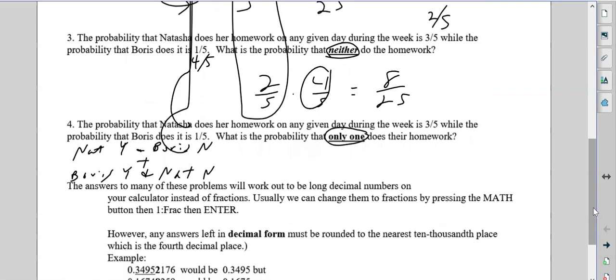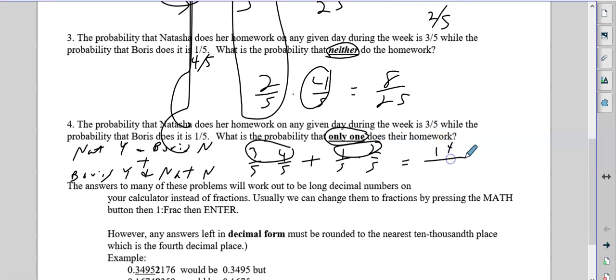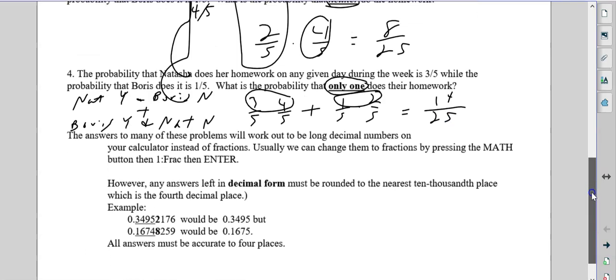We're going to take 3/5 times 4/5 plus the 1/5 times the 2/5. What this is going to give us is 12 and 2, so that's 14 and then 25 on the bottom. So that's the only one that's kind of tricky. You got to look at both possible situations.